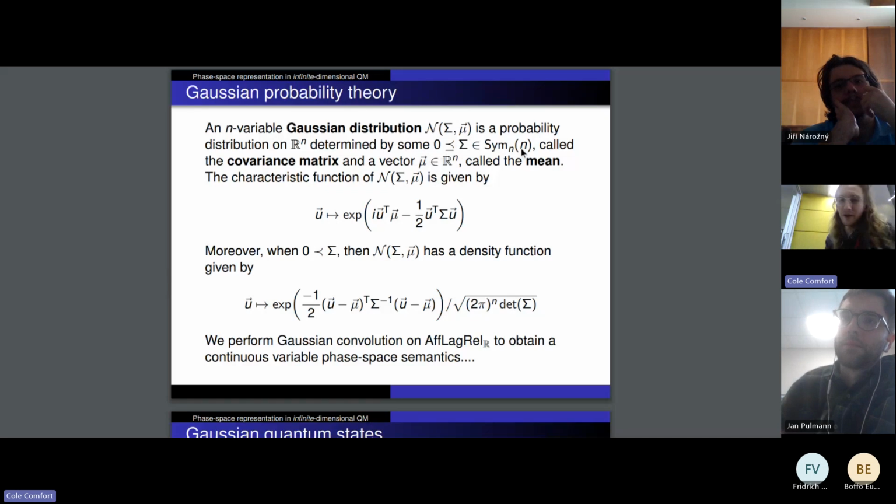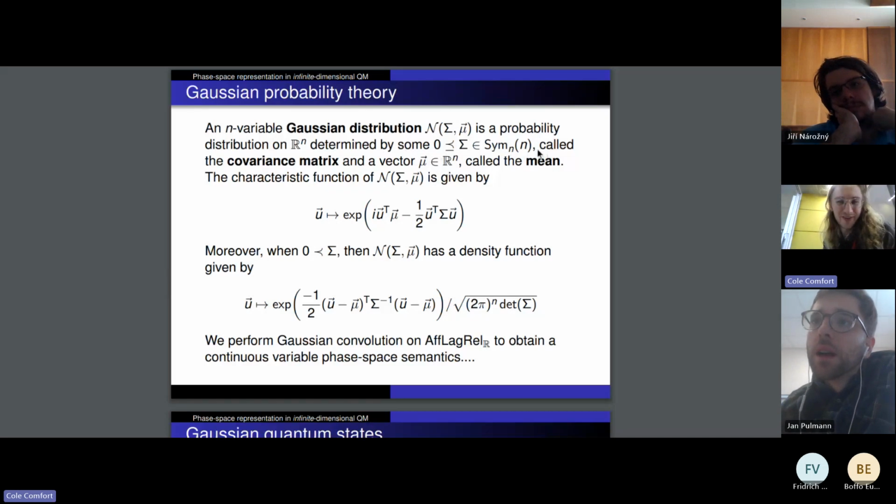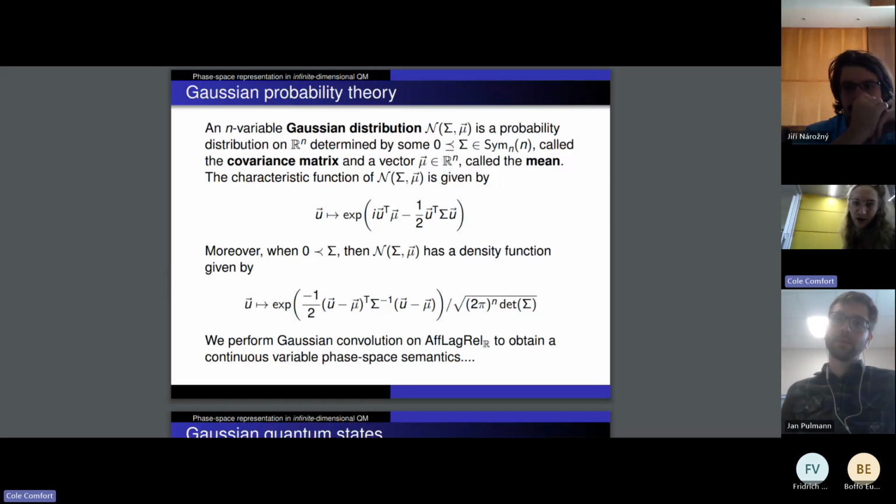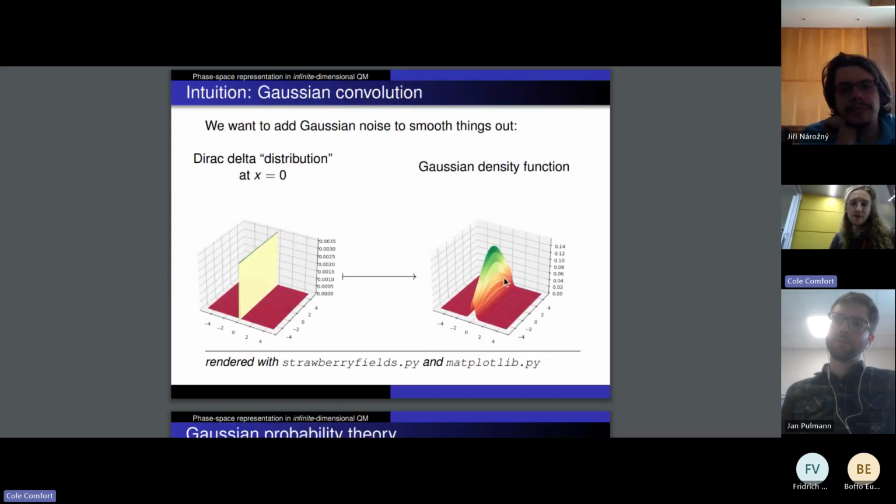If you think back to the previous slide, where I labeled these string diagrams with symmetric matrices, this is hinting towards what I'm going to try to do on the next slides. In particular, when this matrix, called the covariance matrix, is positive definite, not just semi-definite, then it has a density function, and this is one example I've drawn here.